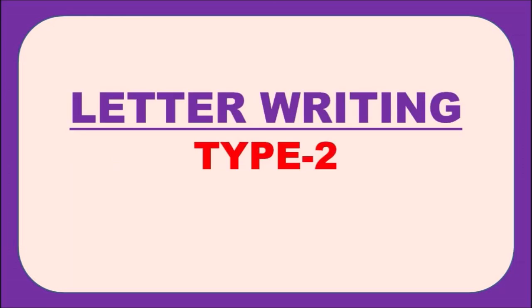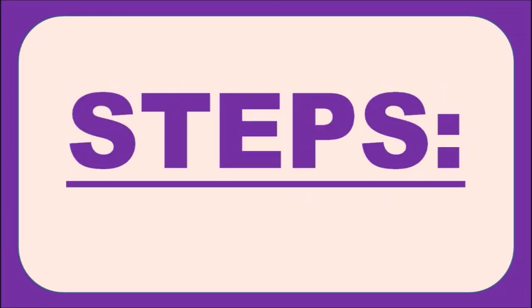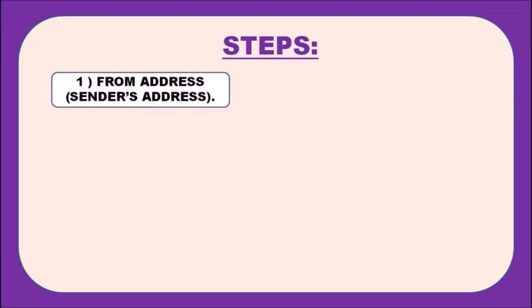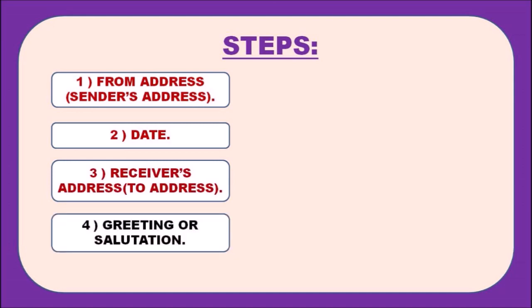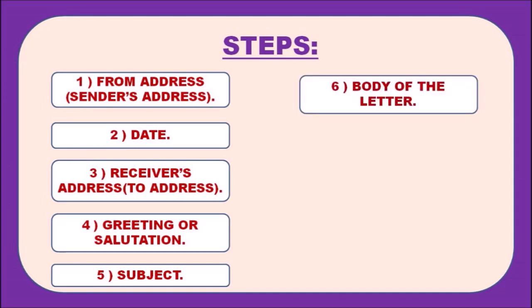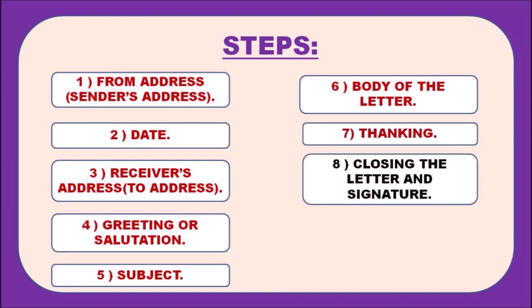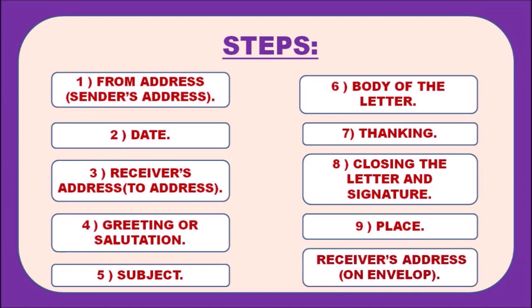Letter writing type 2, formal letter, steps: 1, from address or sender's address; 2, date; 3, receiver's address or to address; 4, greeting or salutation; 5, subject; 6, body of the letter; 7, thanking; 8, closing the letter and signature; 9, place; then the last one, receiver's address on envelope. You may add this one also.